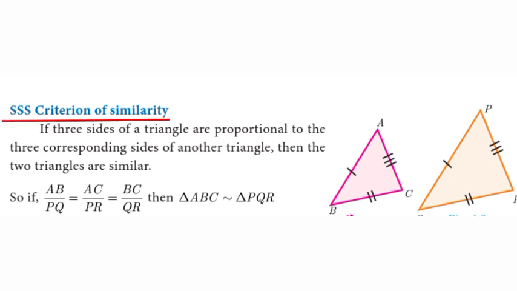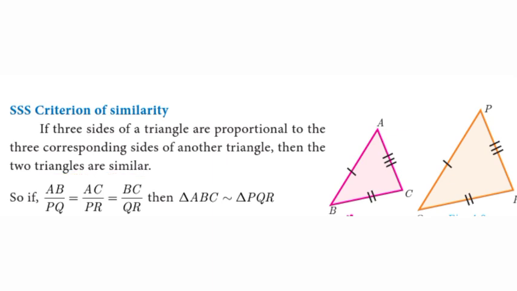Next one, SSS criterion of similarity. SSS means side. If three sides of a triangle are proportional to the three corresponding sides of another triangle, then the two triangles are similar.